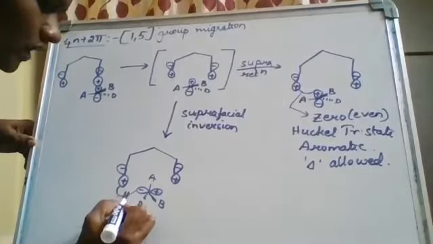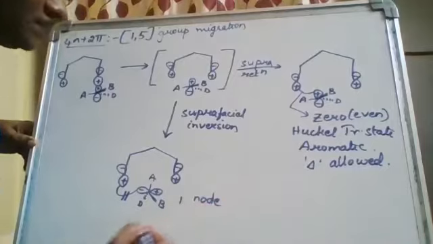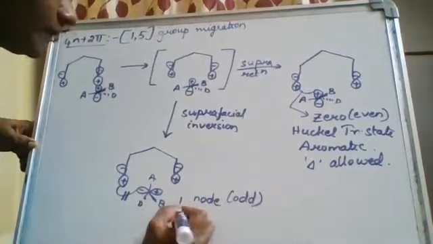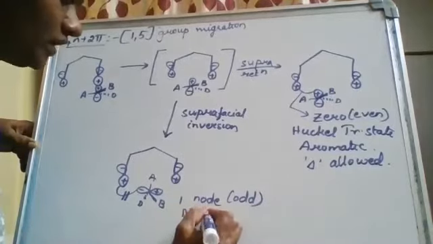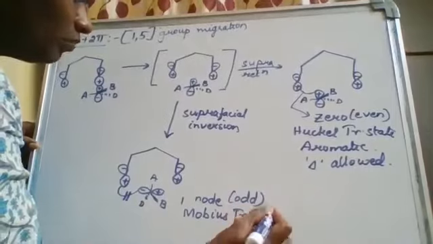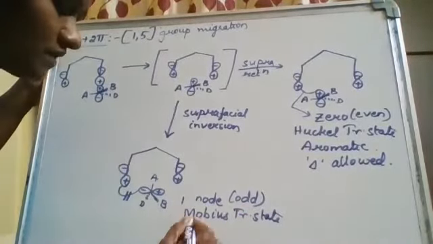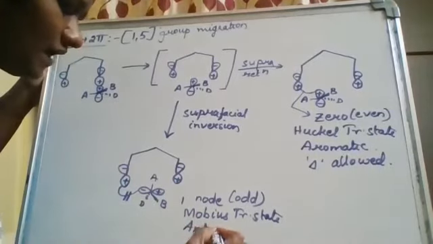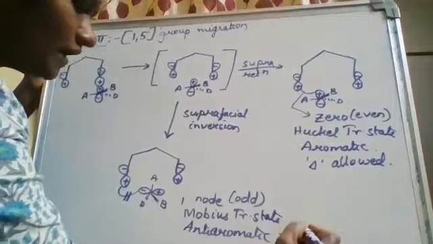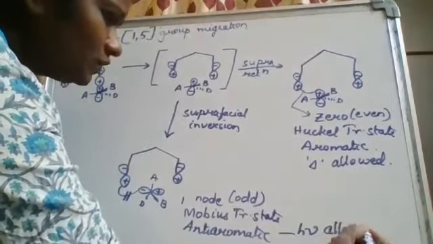I'm getting one node, so one node exists in the transition state, an odd number of nodes. Since it is odd, it is a Mobius transition state. A Mobius transition state molecule belongs to a 4n plus 2 pi system. It is anti-aromatic. All anti-aromatic transition states are photochemically allowed.